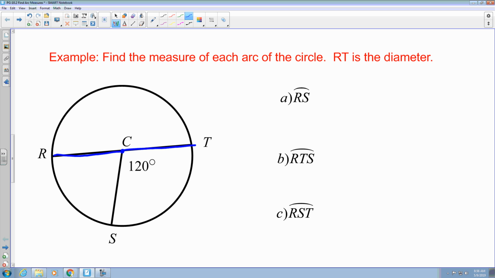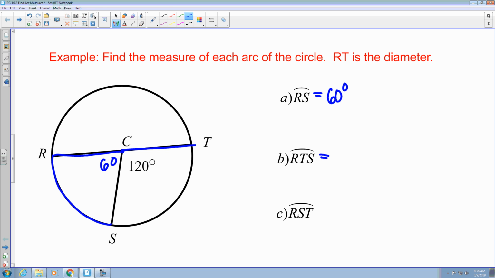Everything that's a linear pair sums to 180 degrees. So I could say that 180 minus 120 is going to give me 60. So that's where I can get that value right there, and that's how I now know that the minor arc RS is also going to be 60 degrees.